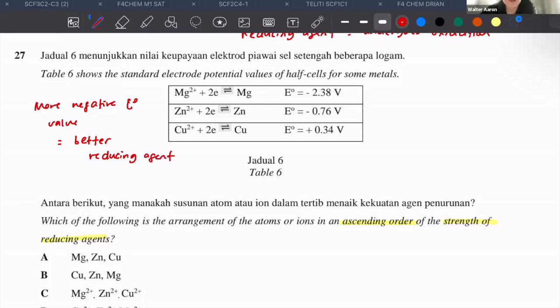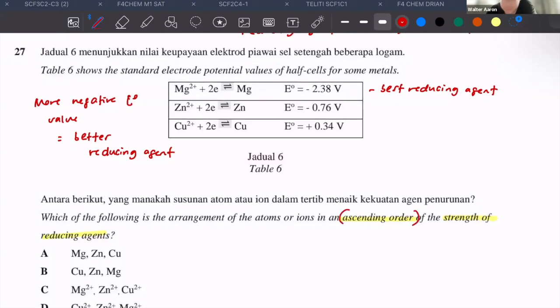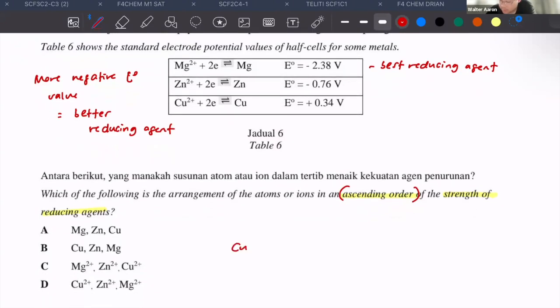So in this case, magnesium is the most negative. So magnesium is technically the best reducing agent. So we'll put here as the best reducing agent. Which means the worst will technically be copper because it's most positive. So since they want ascending order, the weakest to the strongest will be copper, followed by zinc, followed by magnesium.